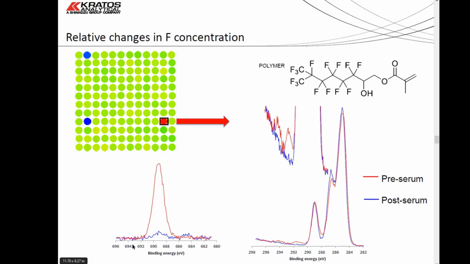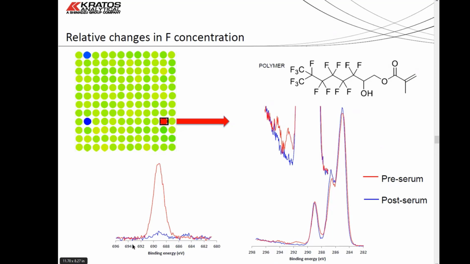So this was another part where we also looked at the change in the fluorine concentration, which wasn't related to the protein serum, and we didn't really expect to see any change. In this place the fluorine peak had actually increased significantly before and after applying the protein, which is kind of nonsensical, because protein doesn't have fluorine, but the polymer previously did, and we were getting very little signal.